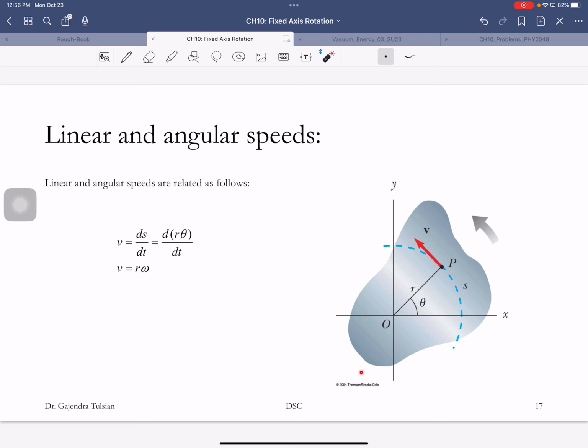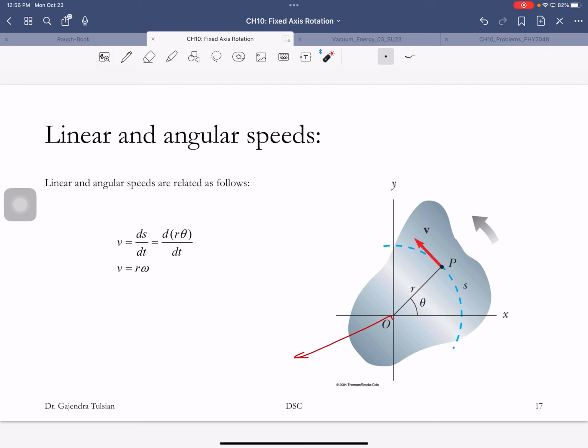If this object is rotating and here's the axis of rotation, this formula gives you the speed of this point that is r distance away from the axis, r times the angular speed. So all points on a given radius of the wheel are going at the same speed, and the further out you are, the greater the speed.